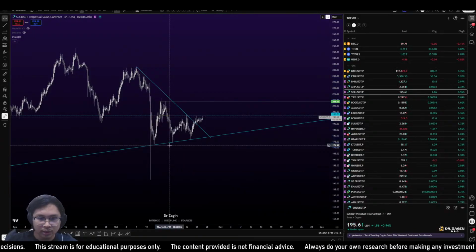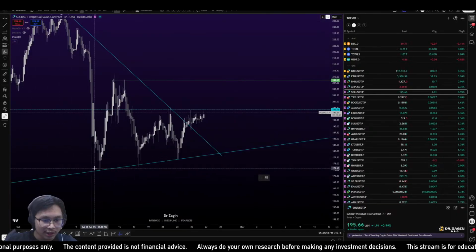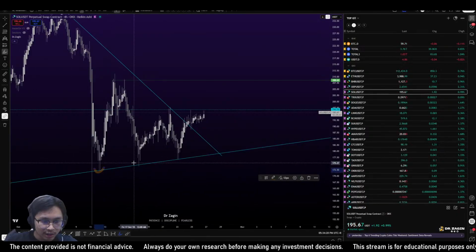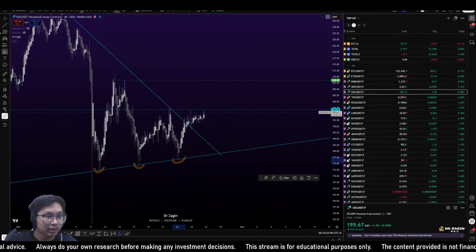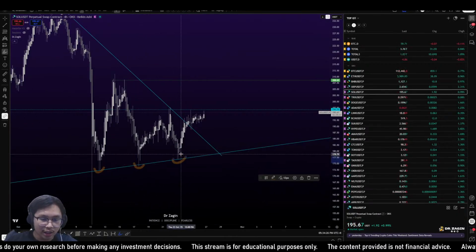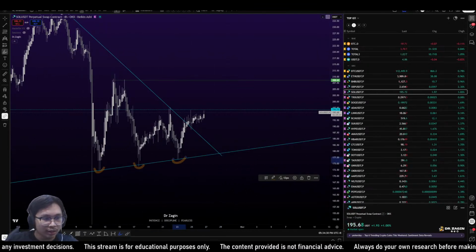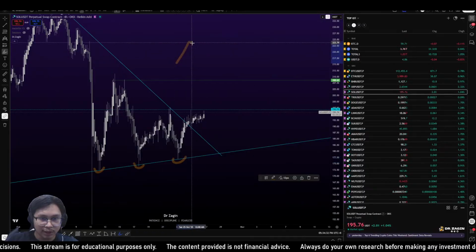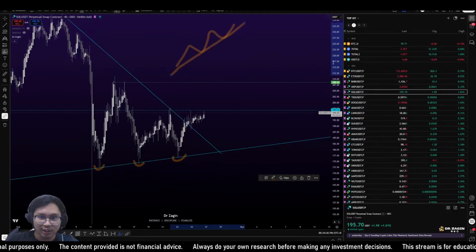Or I will use an extension, same as ETH, guys. Low, higher low, higher low. Keep that in mind. Market structure, okay, I'll show you guys. This is market structure. Let's say this is a trend line.